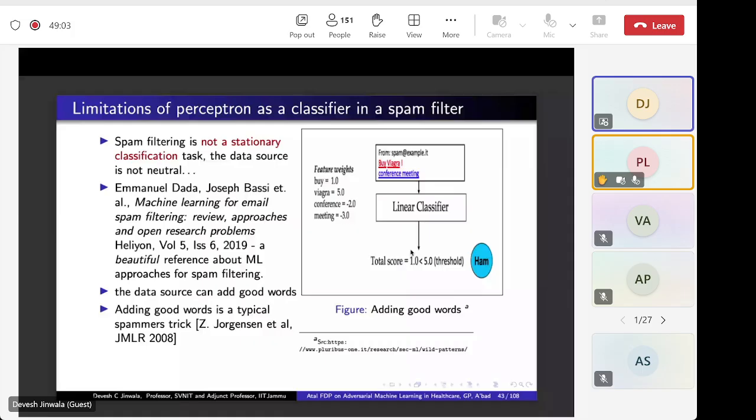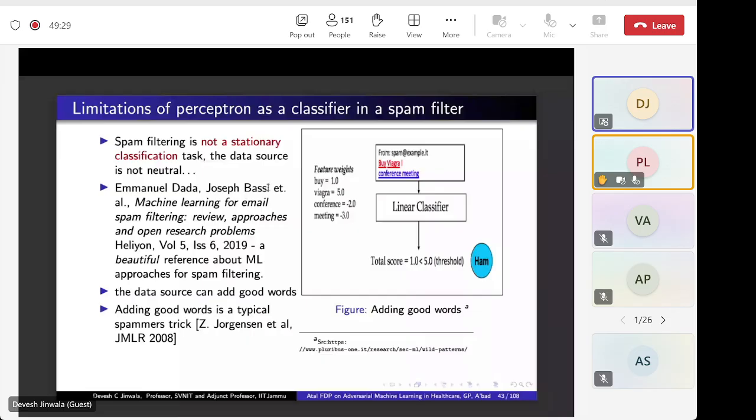Even though the mail contains the term Viagra, the total score comes out as 1 because of the benign terms introduced by the adversary in the mail, conference and meeting. So because 1 is less than the threshold which has been set by the spam filter, this mail would not be classified as spam by the SpamAssassin filter.